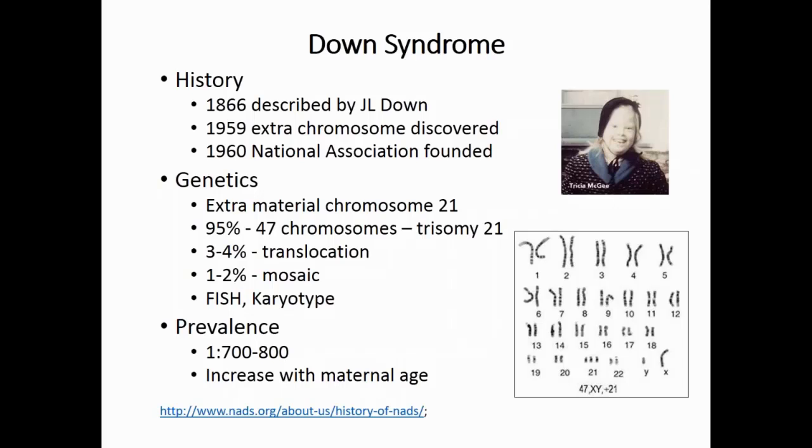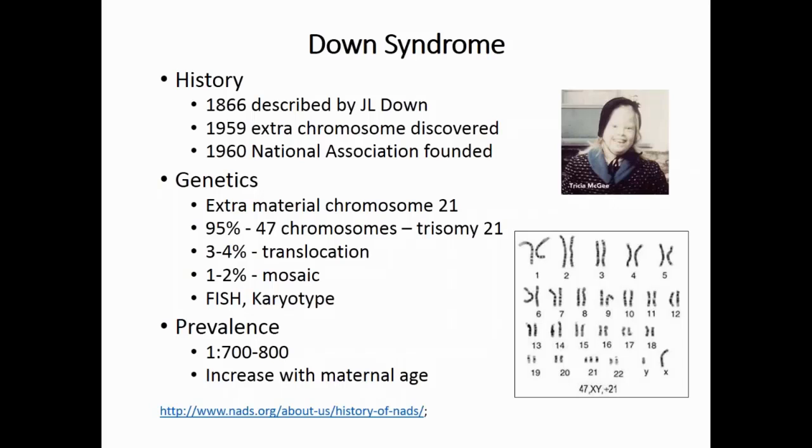The Mongoloid Development Council, though, was founded in 1961. It was called the Mongoloid Development Council because this condition was first called Mongolism. The association was founded by Kay McGee, a mother of Tricia McGee, in Chicago, and Tricia is shown here.